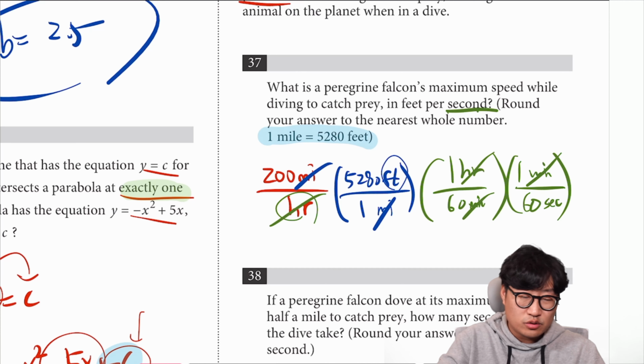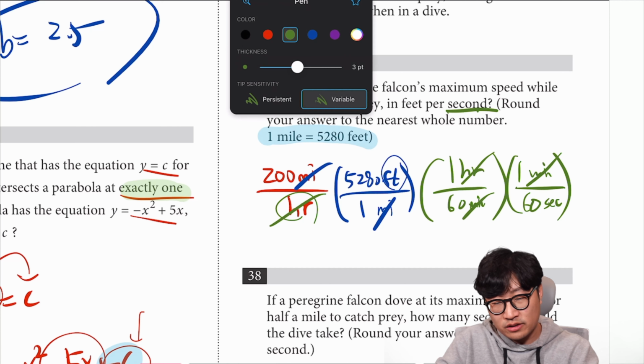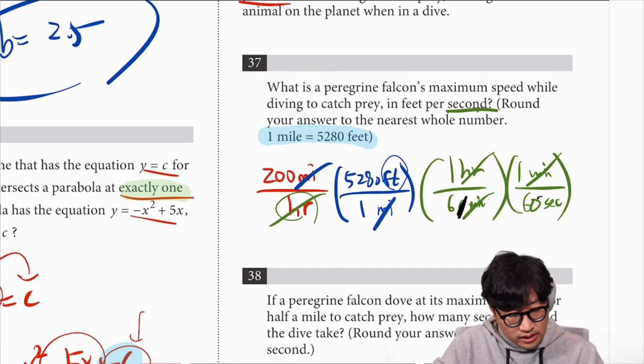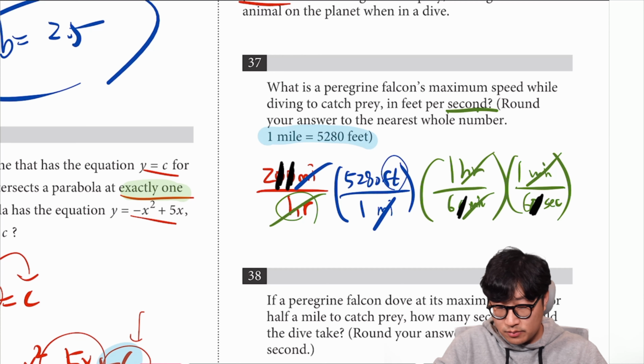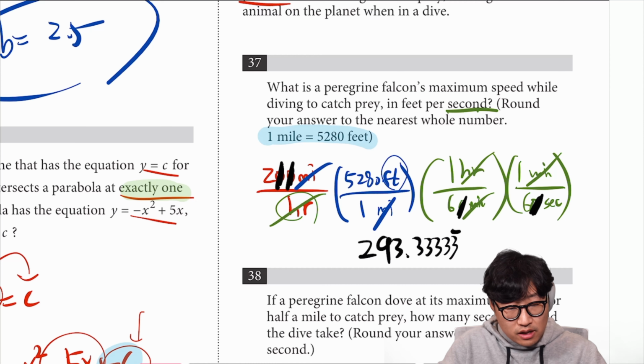So you can go ahead and just do that in your calculator. I'll probably punch it in my calculator too. So you can at least cancel the 2 zeros, I guess, like this. So it would just be 2 times 5280 divided by 36. And then I basically got 293.33333 repeating. They want it to the whole number, so 293 it is.